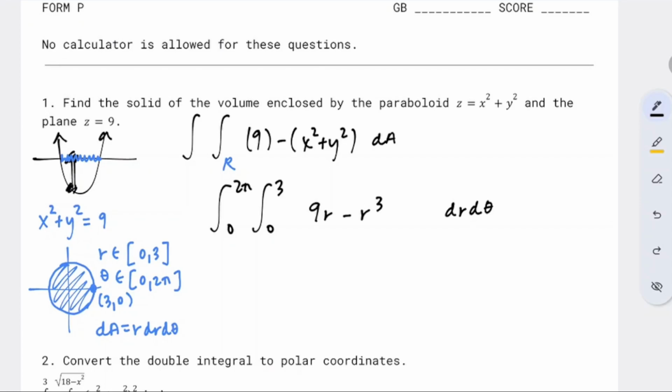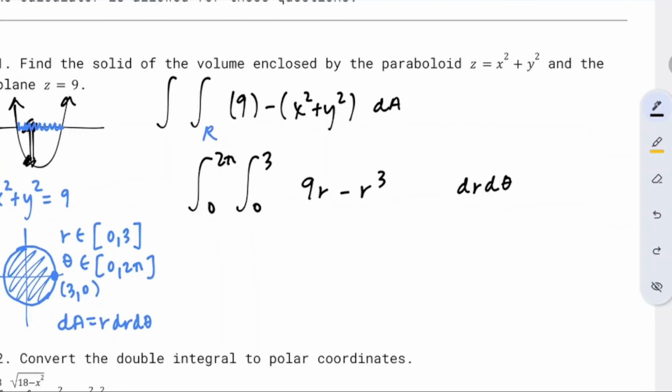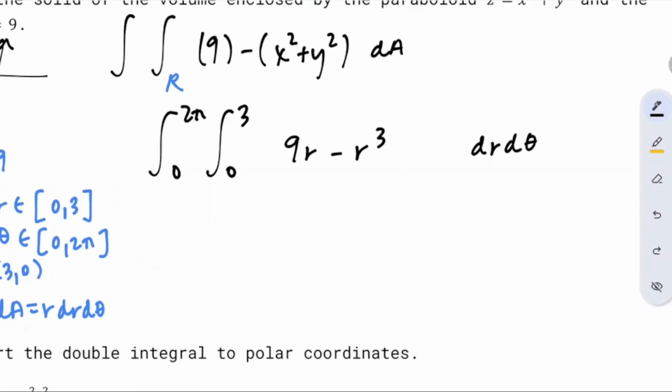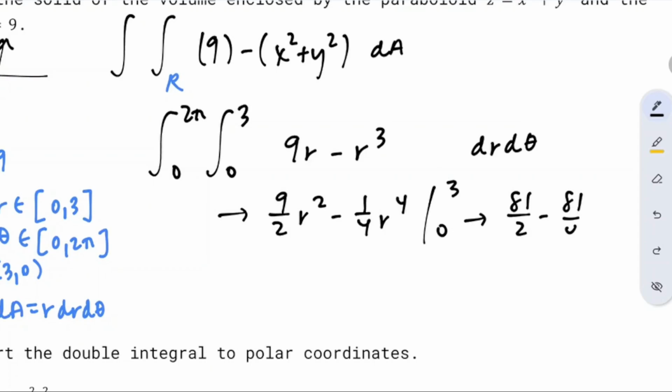No, I'm not going to use a calculator. I want to, because I've already done this integral just a few minutes ago before I recorded this video, but it's okay. As r runs from 0 to 3, that's 81 halves minus 81 fourths, minus 0 when I plug in r equals 0.